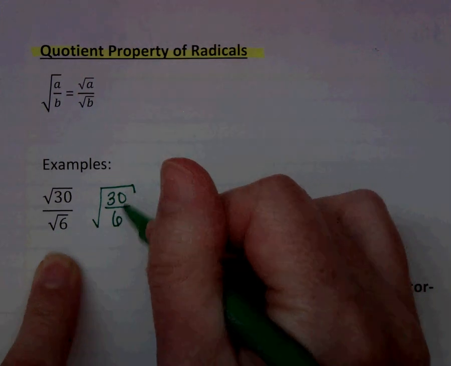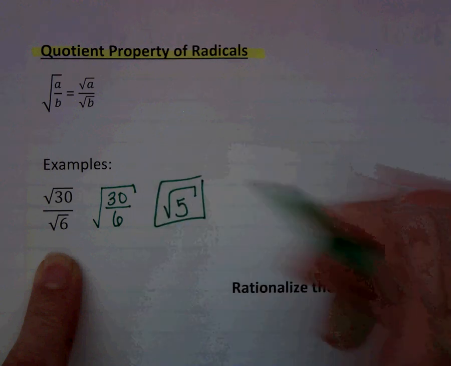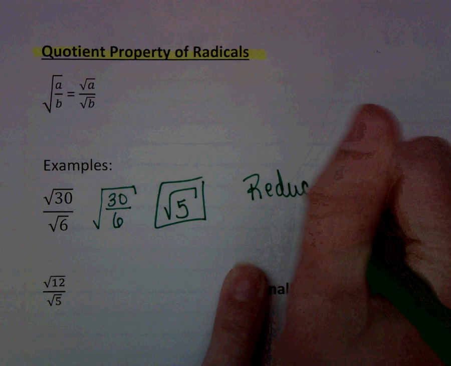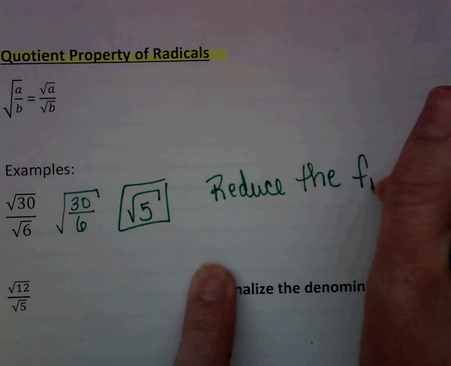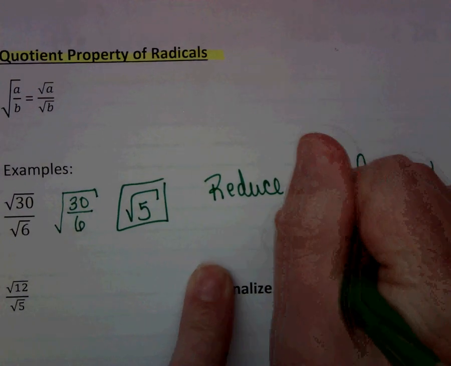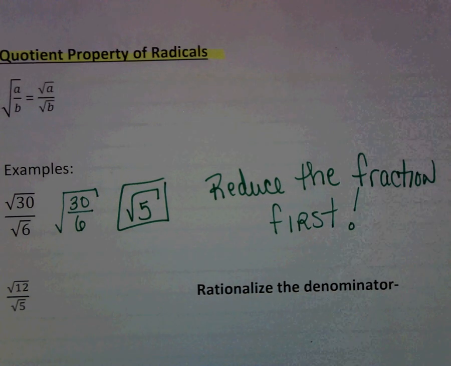So 30 divided by 6 is 5. The square root of 5. So if it can be reduced, if it can be evenly divided, then you should reduce the fraction first. It will make it a lot easier.